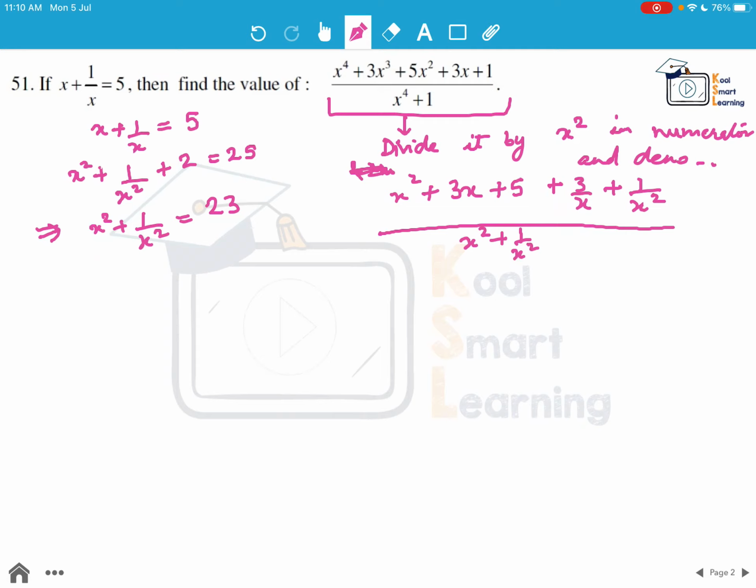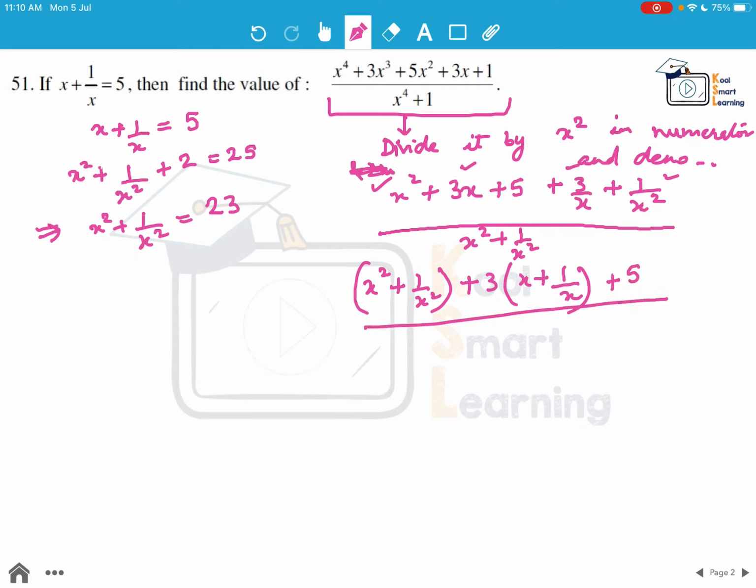Now let's rearrange this. We can write the numerator as x square plus 1 by x square, taking this first and the last term together, plus 3 into x plus 1 by x, taking the second and the fourth term together, plus 5, divided by x square plus 1 by x square. Now we know the value of x square plus 1 by x square to be 23, and we know the value of x plus 1 by x to be equal to 5.